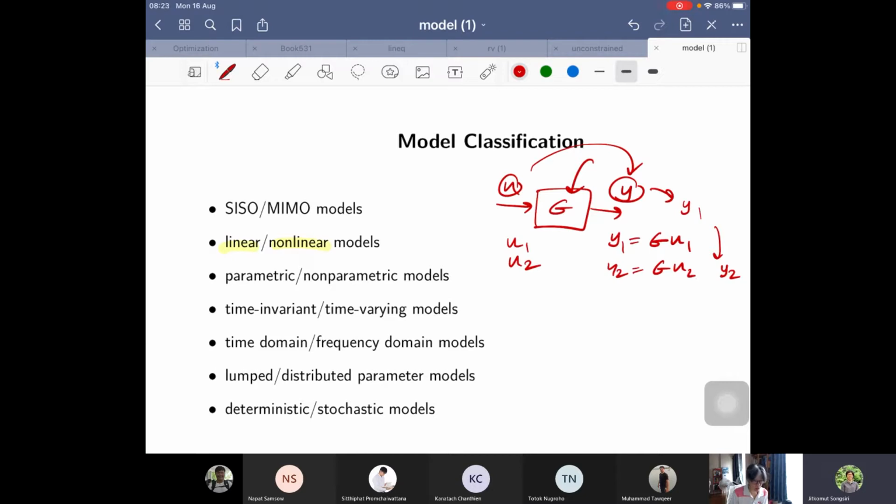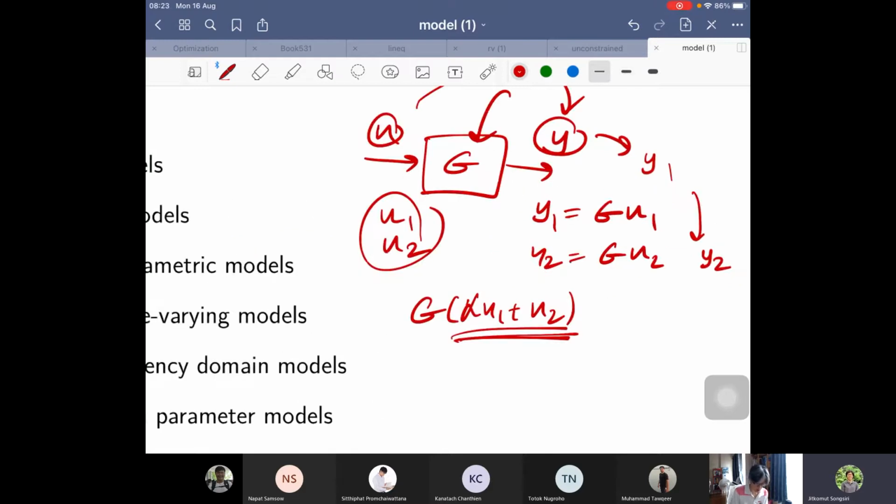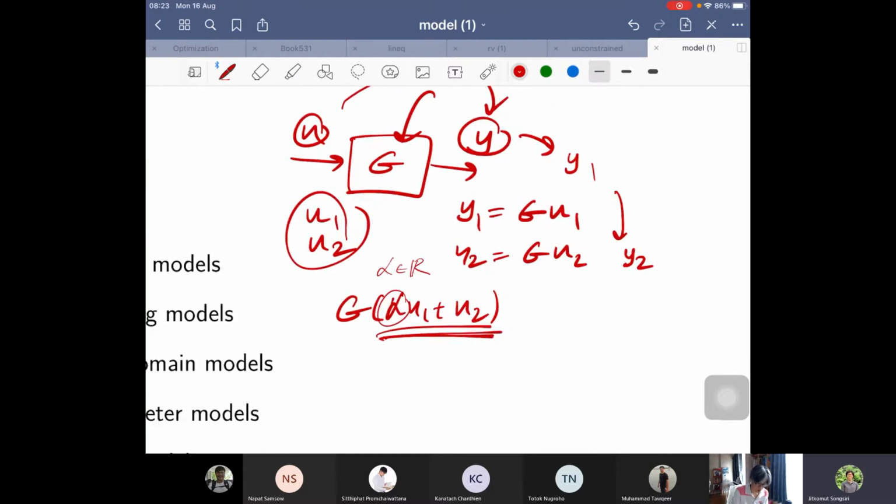If the system is linear, it means that when you apply a linear combination of these two inputs, where this alpha is any scalar number, the linearity of the system suggests that you observe at the output the same linear combination of the outputs. This is called the superposition property.